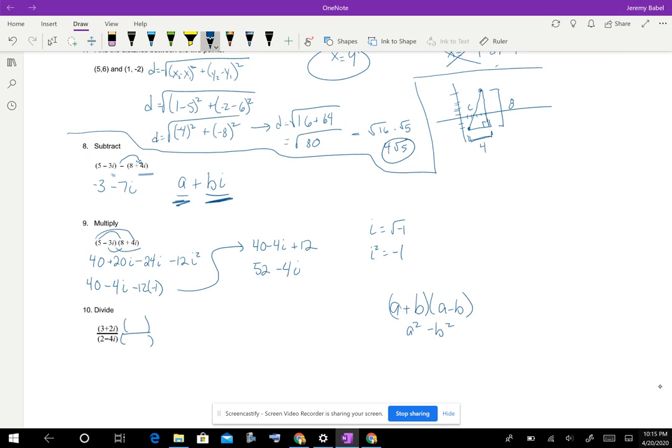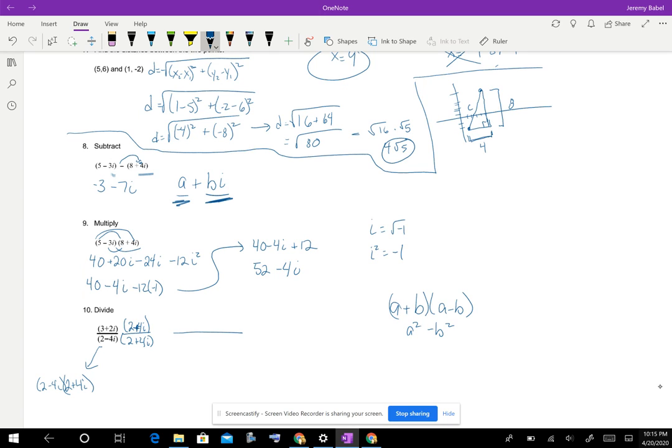So if 2 minus 4i is the denominator, we're going to multiply by 2 plus 4i, its conjugate, on the top and the bottom. This is just a fancy version of the number 1 here. So on the bottom, we'll just do it separately. Let's do the numerator over here and do the denominator down here. So we're going to have 2 minus 4i, 2 plus 4i.